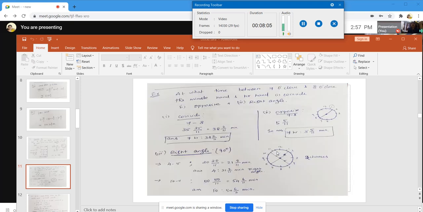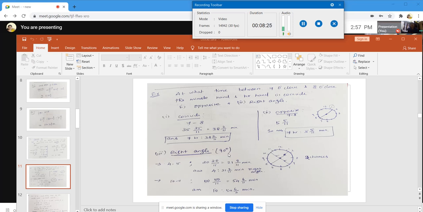So this is the next concept, the third concept. This is again the same. In a single problem, how could we find out when the hands will coincide, when they will be in opposite direction, when they will be at right angle. Right angle is a different concept. Right angle is nothing but when the hour hand and minute hand are at 90 degrees. That is the question.